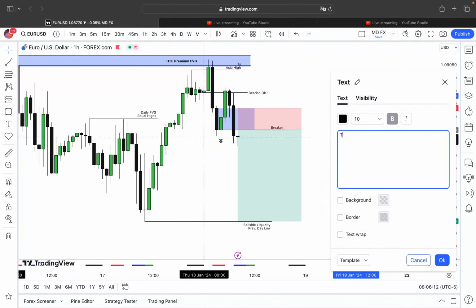So we know the confluences. We know the daily bias equals bearish. We know London formed the high of the day.